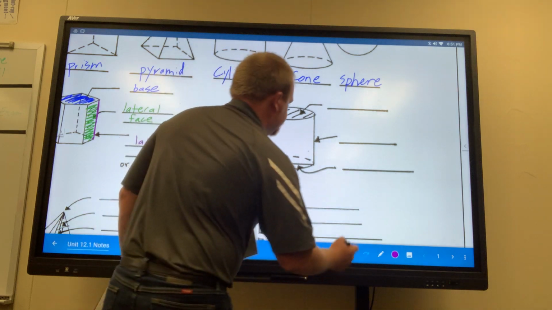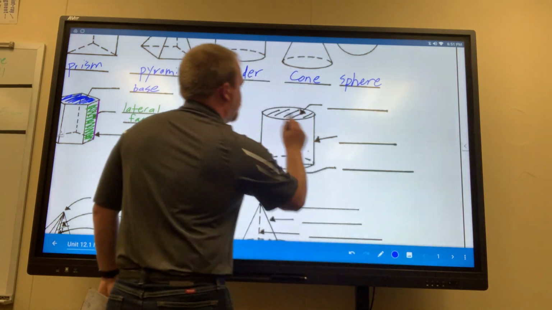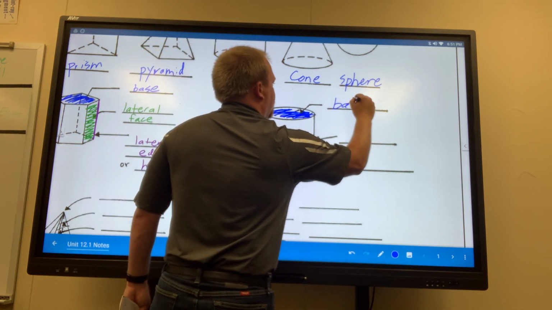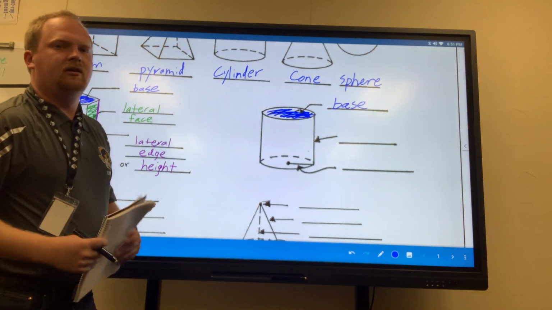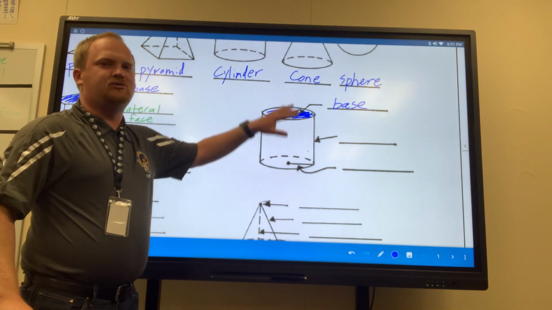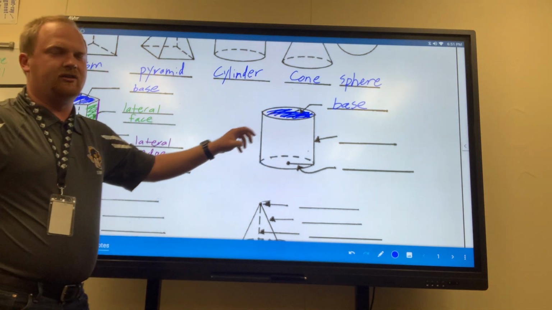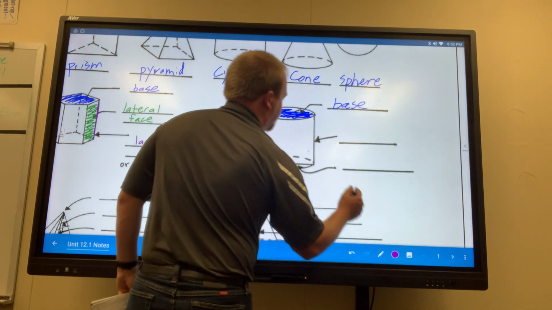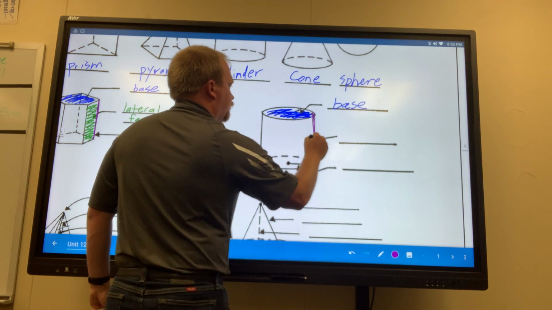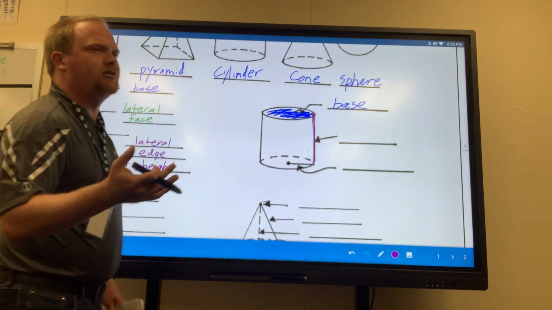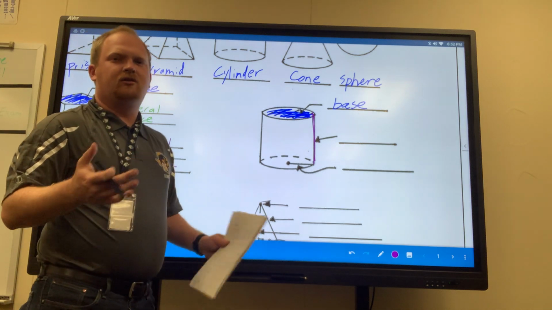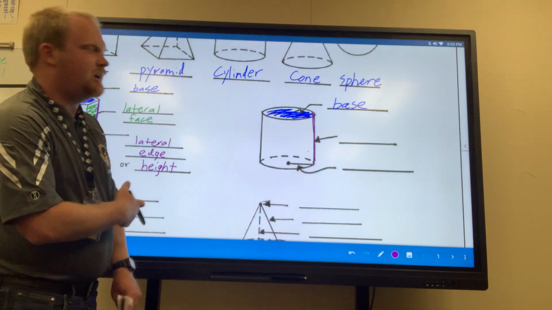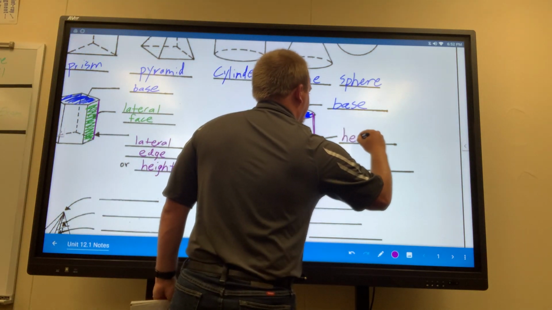Looking at this shaded part, this is a base because however it sits, it's the same shape as the other one. So it's a base. Next, this right here, while you can describe it as an edge, mathematically speaking it's not so much an edge, but really more of a height.